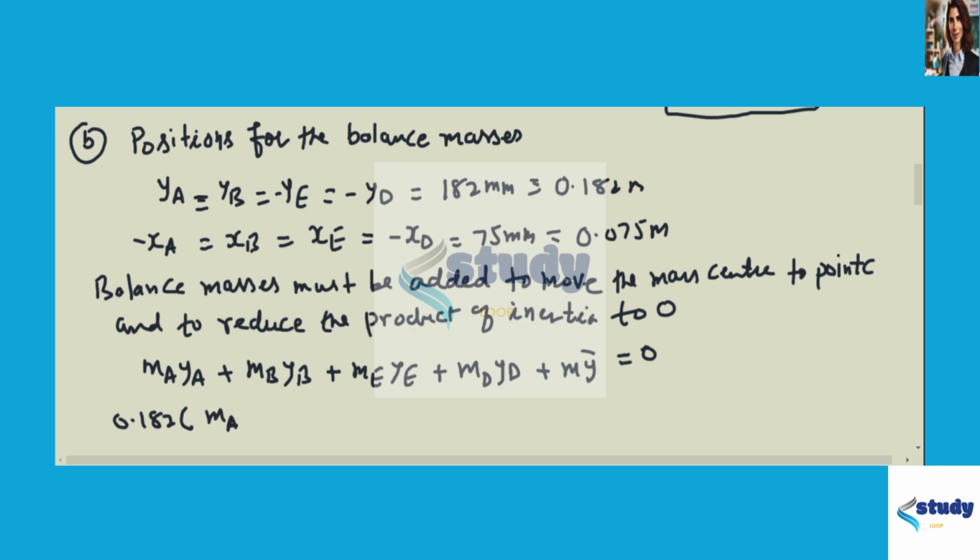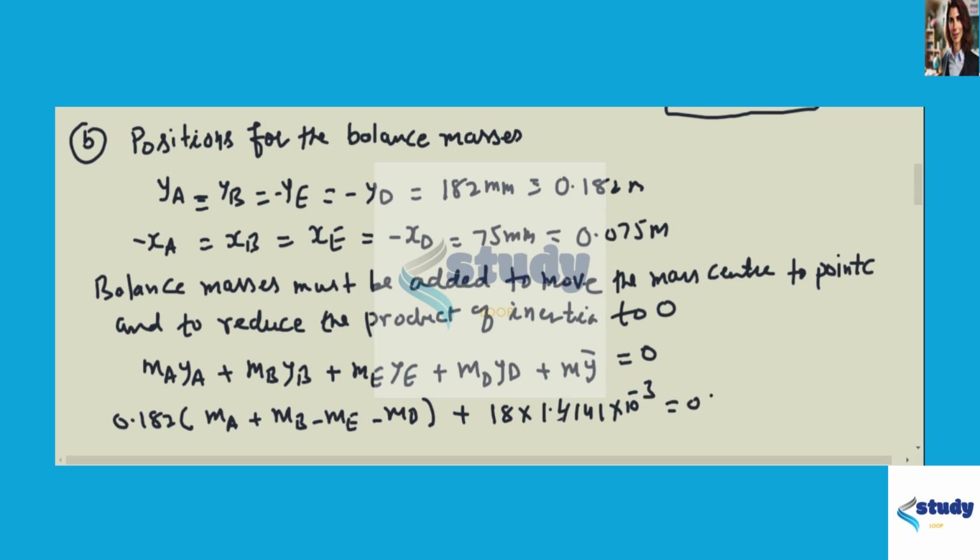You may write MA plus MB minus ME minus MD plus 18 into y, which we have calculated, 1.441 into 10 to the power minus 3, to be 0.